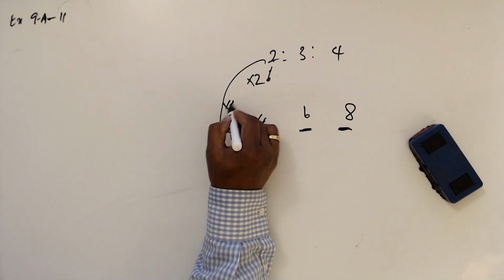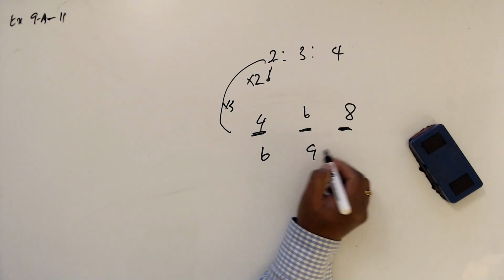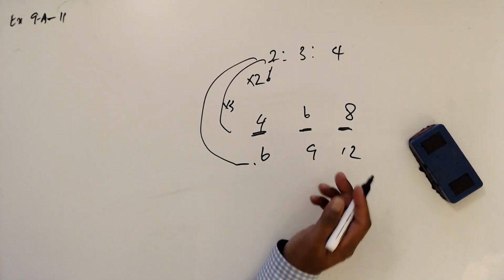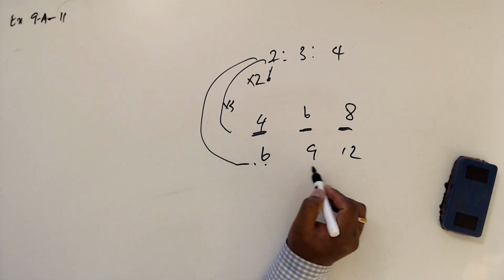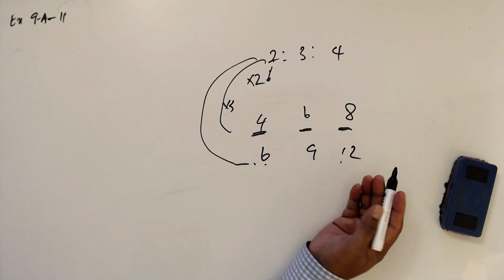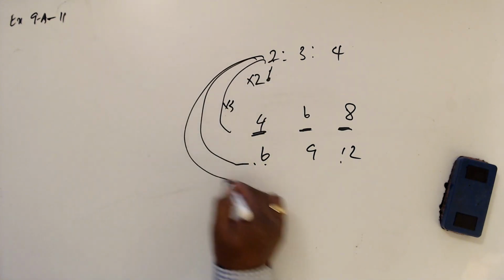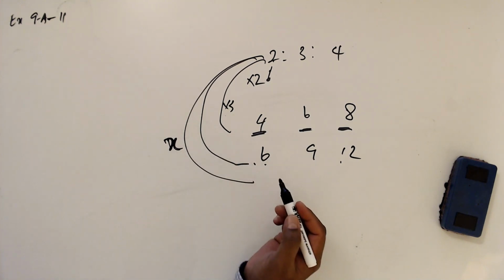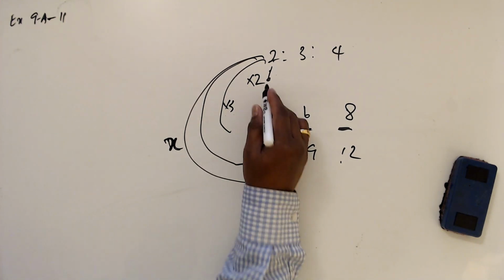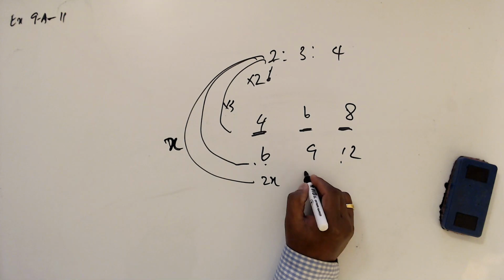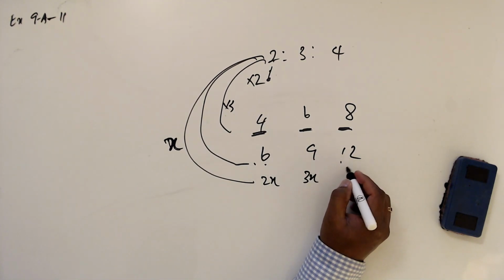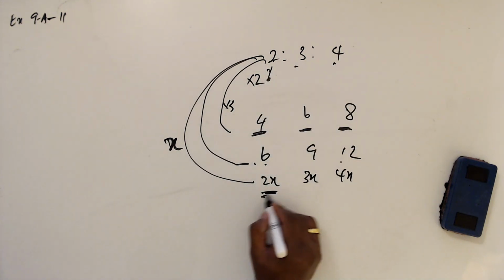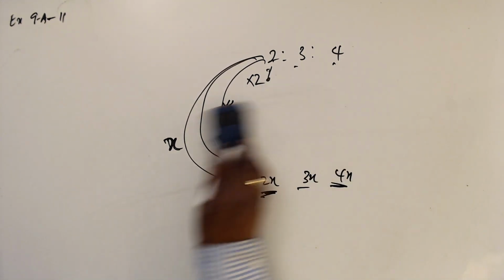If you multiply by 3, it is going to be 6, 9 and 12. But we don't know the correct length. So we'll assume we multiply by x. Then this is going to be 2x, 3x, and 4x. Those are the ratios, and those are the distances.